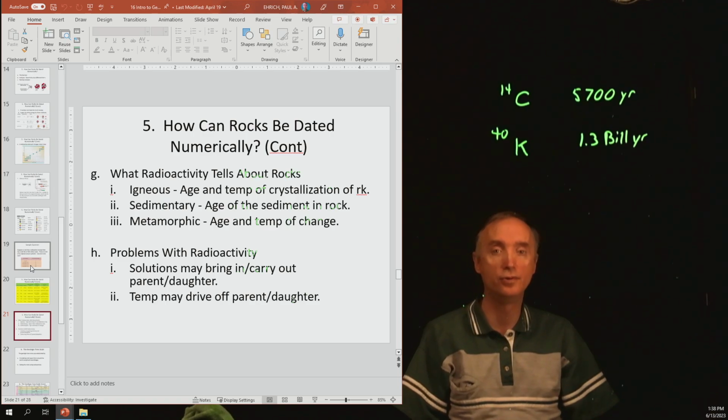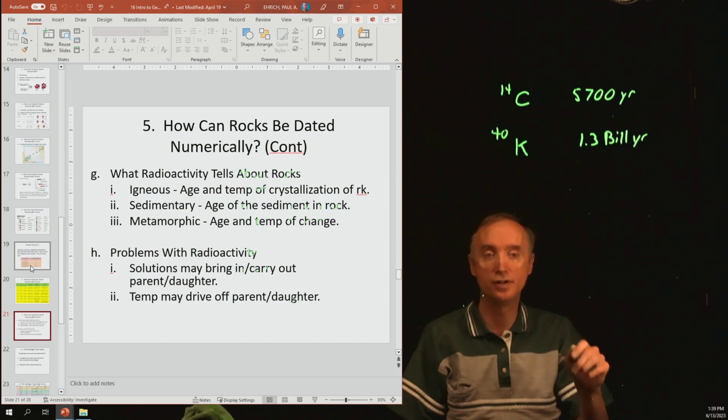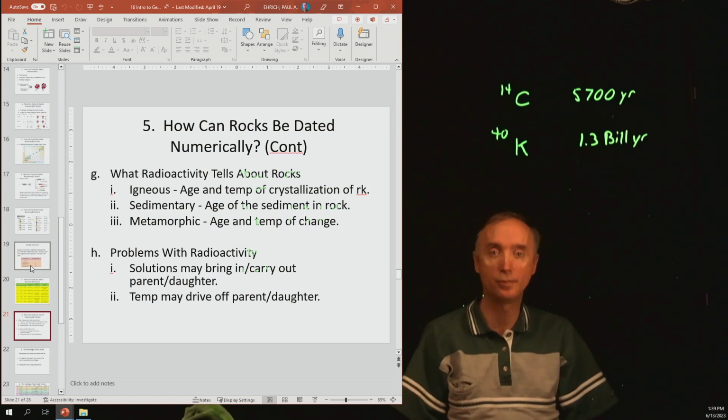So it will tell you the age of the rock. It also tells you the temperature, because do you remember Bowen's reaction series, which meant that at certain temperatures different minerals would solidify. So it also tells us something about the temperature at which the rock solidified.